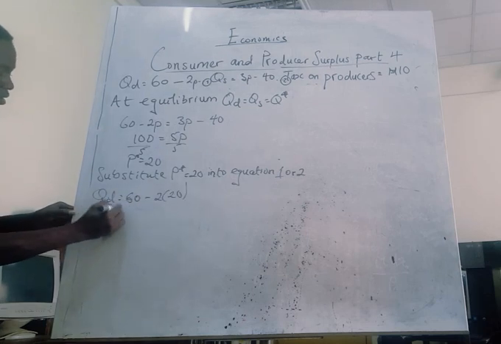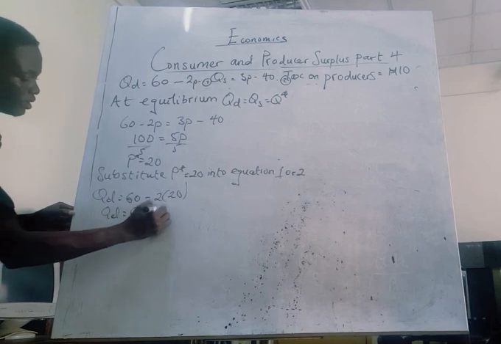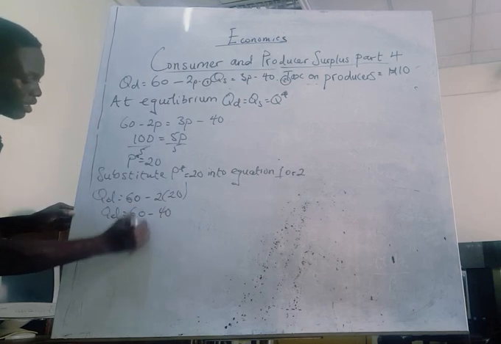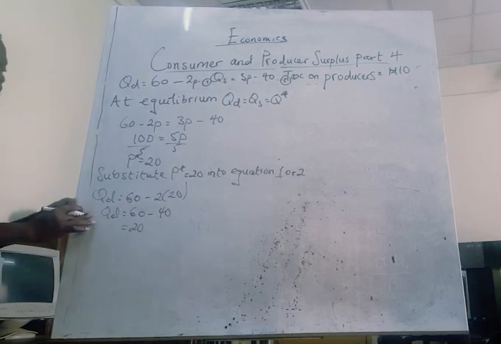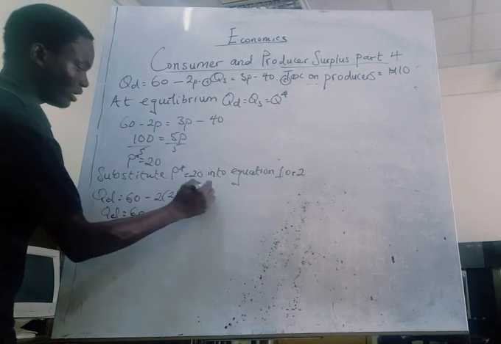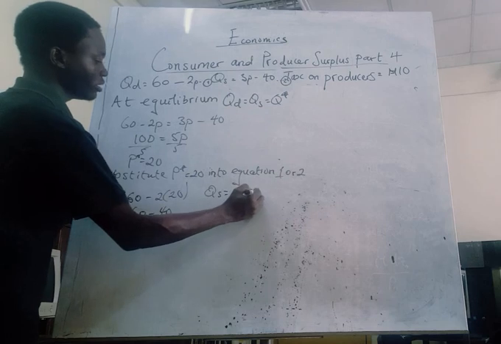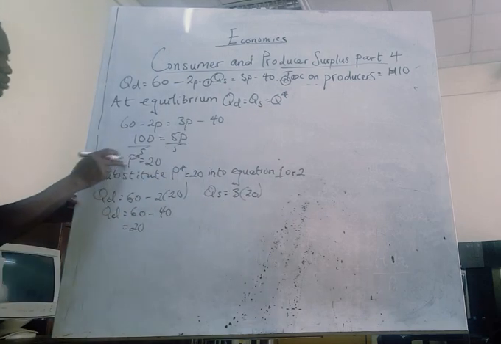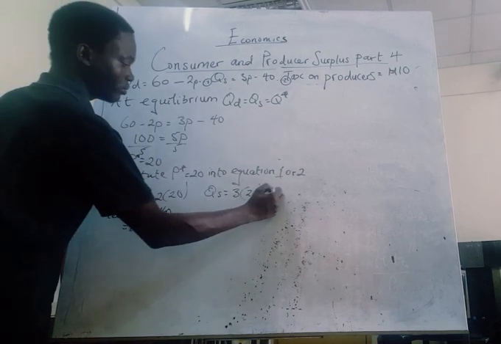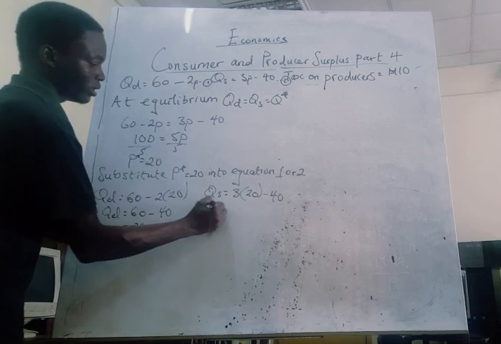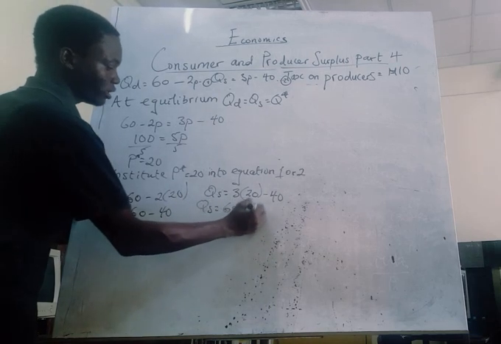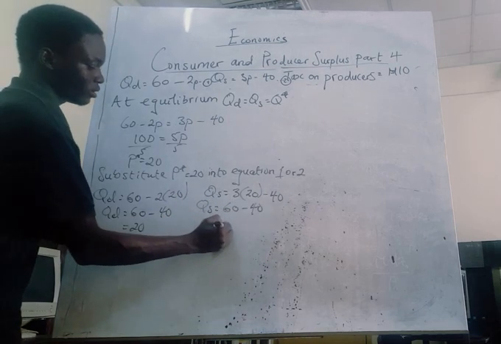So QD equals 60 minus 40, and this is going to give us 20. So the equilibrium Q is 20, but then let's find out more properly. QS equals 3 into bracket 20, the 20 for price, and minus 40. So QS now equals 60 minus 40, and QS equals 20.